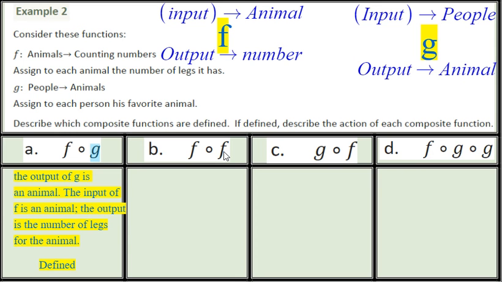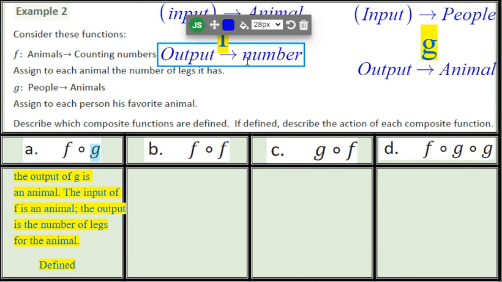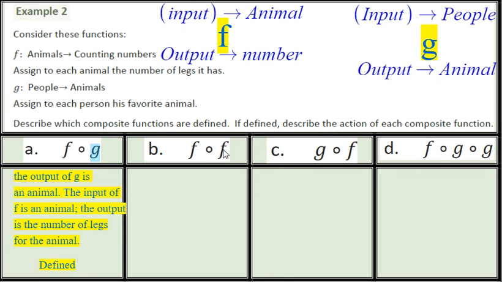Now here I've got f of f. So my input to f is an animal, and my output is a number. But every function f requires the input to be a number. So my output of a number does not provide the input required.